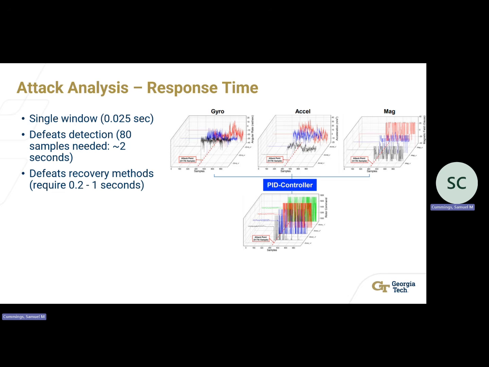It's a single window, which is usually 0.025 seconds. It defeats detection because detection needs about 80 samples in about 2 seconds. This would happen way before any detection. And then recovery needs about 0.2 to a whole second, which again, this happens in 0.025 seconds.